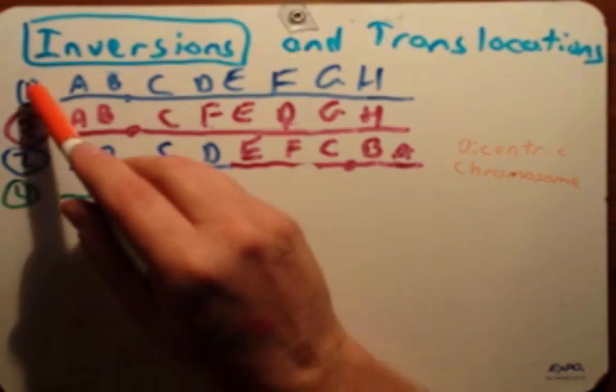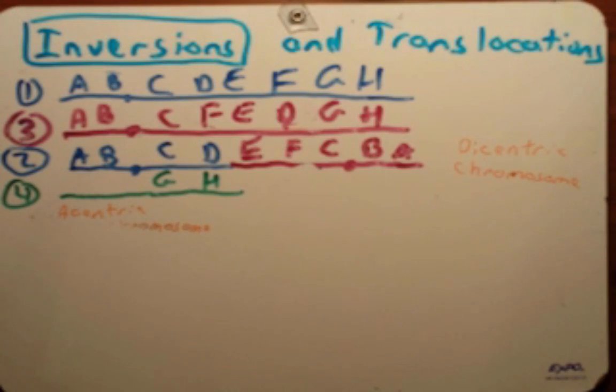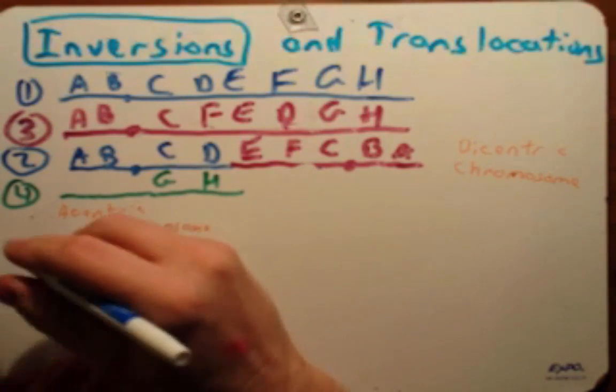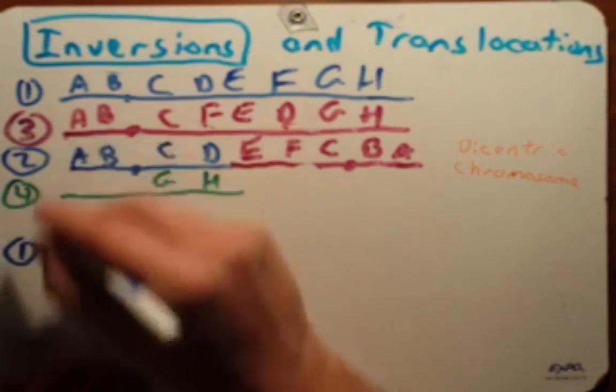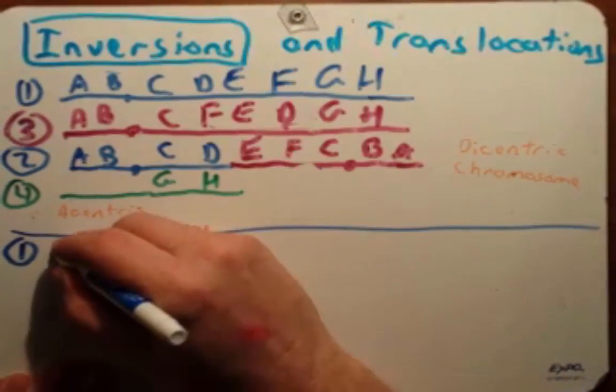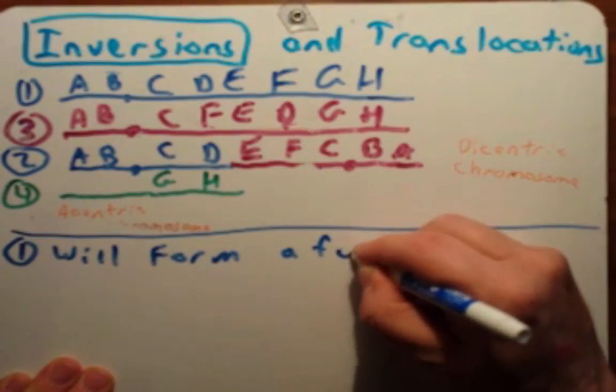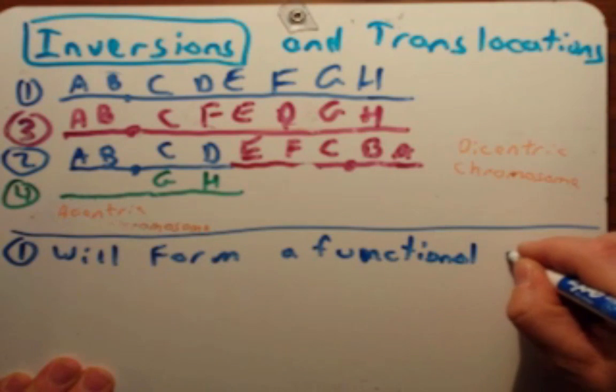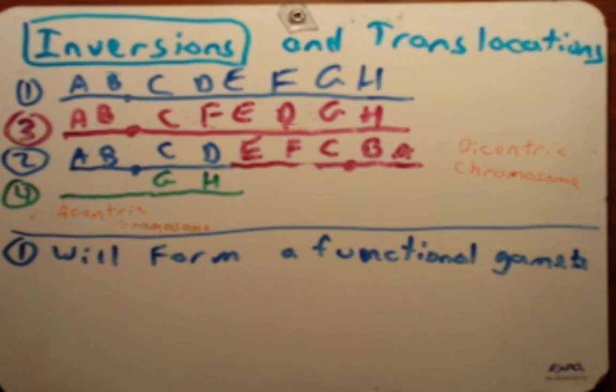I'm going to use the same numbering system here with the same colors just so we can remember. So this first one here will form a functional gamete because it has all the genes you need in the correct order.